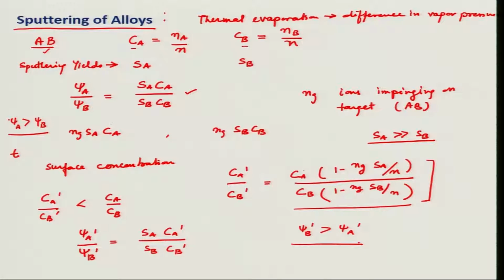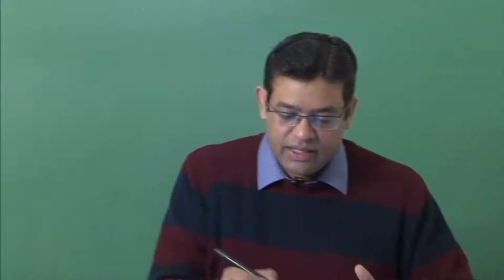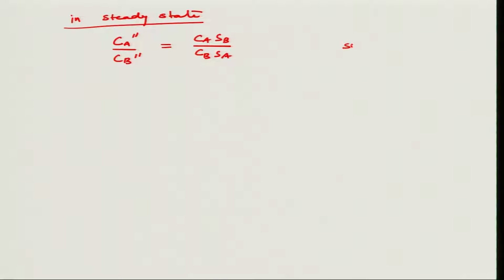Okay, now this change between higher flux of A and higher flux of B will eventually reach a steady state, such that in steady state my composition becomes Ca over Cb dash is equal to Ca Sb over Cb Sa. Sorry, this is my surface composition in steady state.